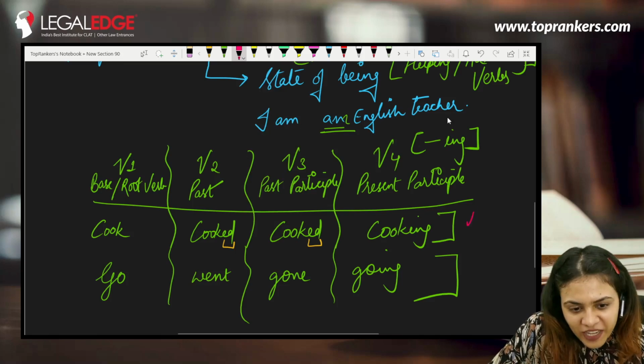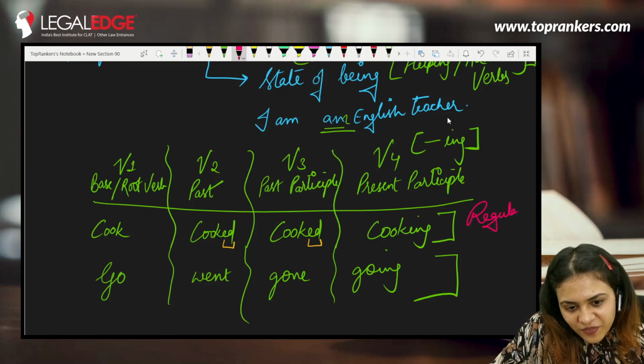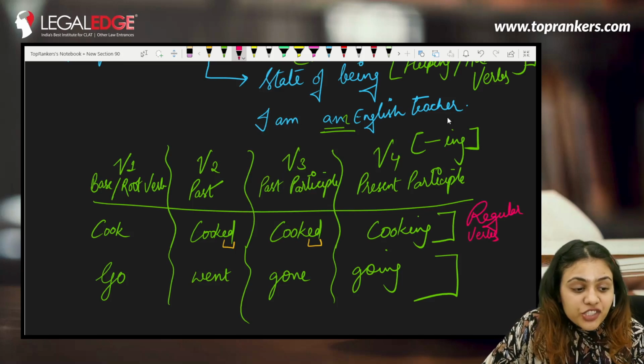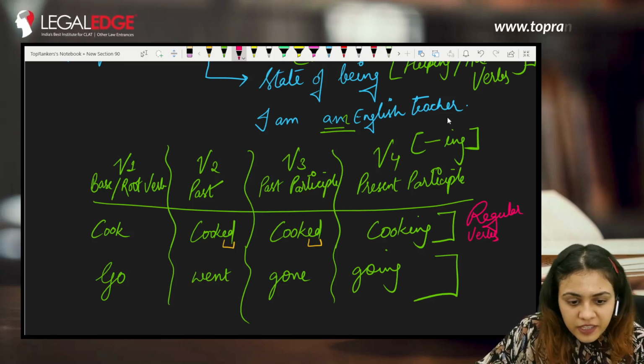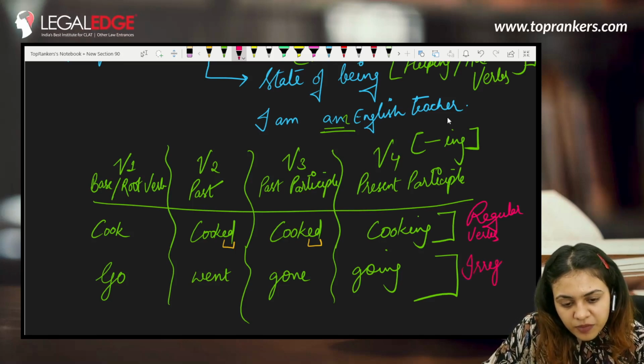Such verbs are known as regular verbs, okay? And when I have changed the form, when I wanted to change it into past tense, as you can see here, such verbs are known as irregular verbs.